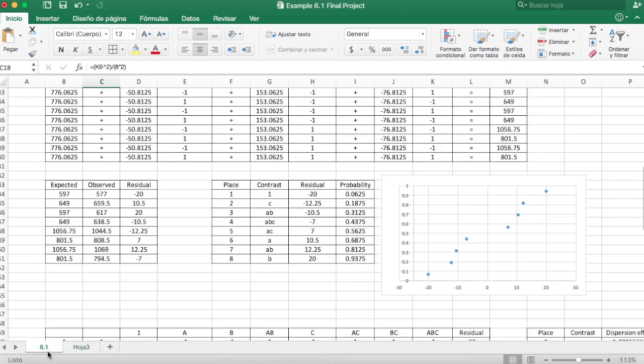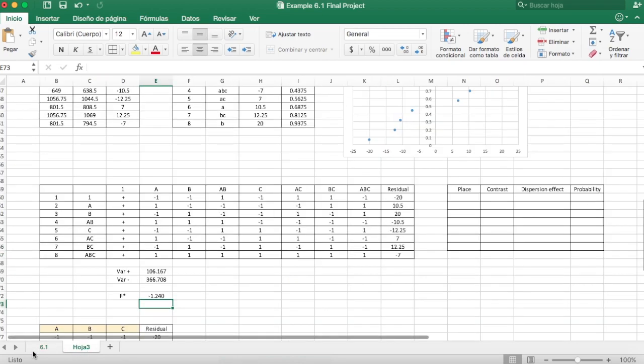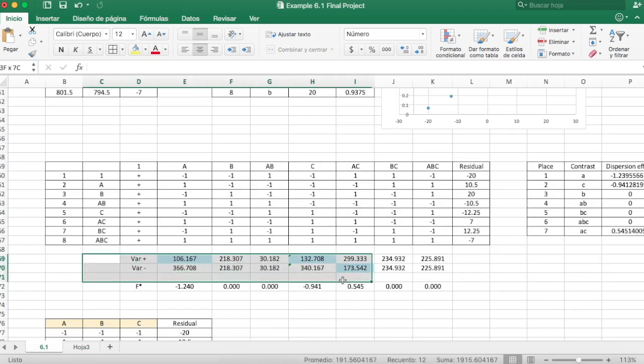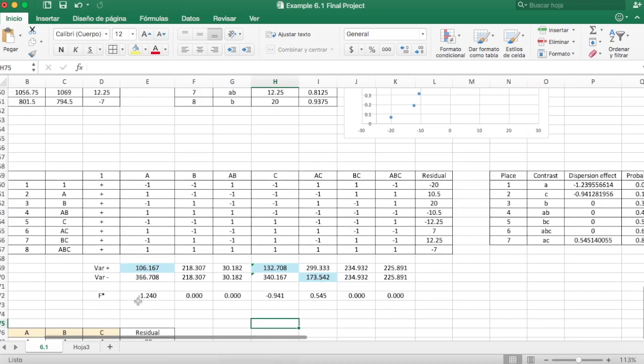And to do this quickly, I already made this table here, so it's just a matter of patience. You need to pay attention to select the data correctly in the variance effect, and you can see here that only A, C, and the interaction between A and C have a dispersion effect.